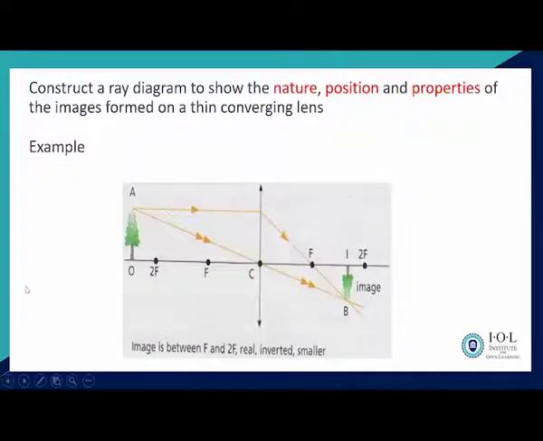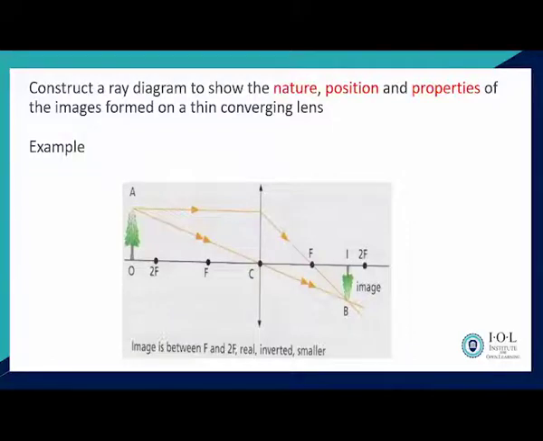Okay, this is light wave now: constructing a ray diagram to show the nature, position, and properties of the images formed by a thin converging lens. Now, when we are drawing these diagrams, we should take note of two things.